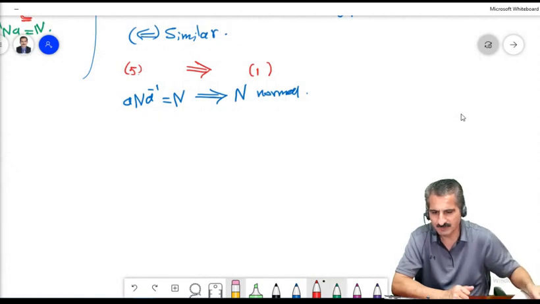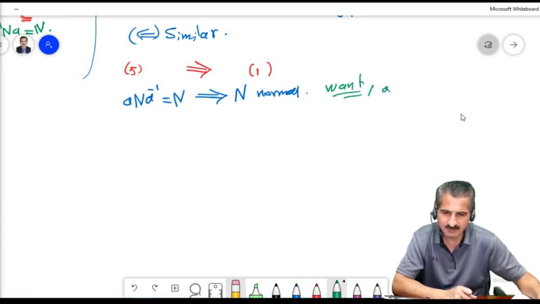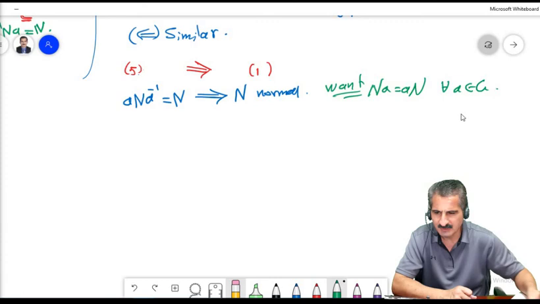To show that n is normal, A is any element. We want to show that nA equals An for every element in the group G. And here we have it.